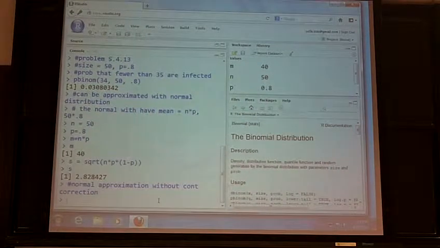Sorry to the people watching the video only, I'm drawing a thing over here. Okay. So according to the normal, our mean is centered at 40. We basically have bars centered at 40, okay? And over here, I've got 34 and I have 35 somewhere.